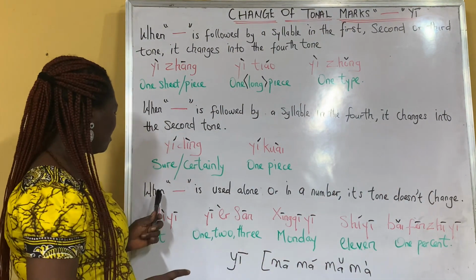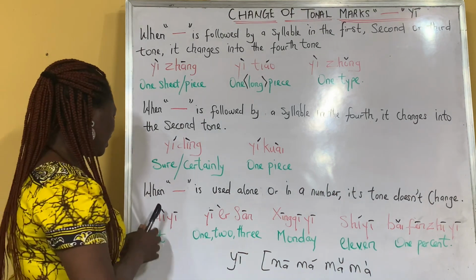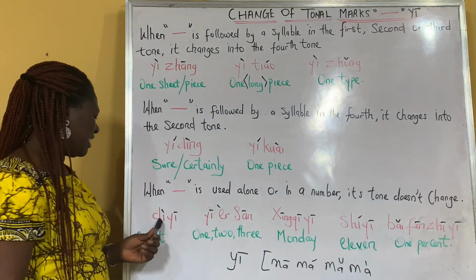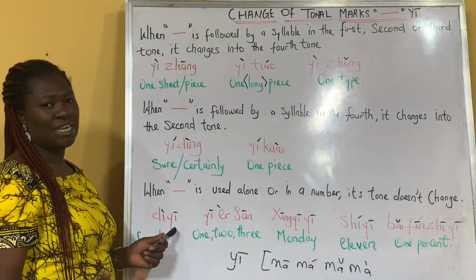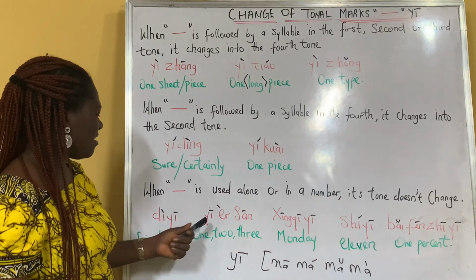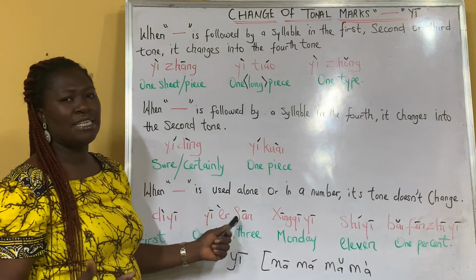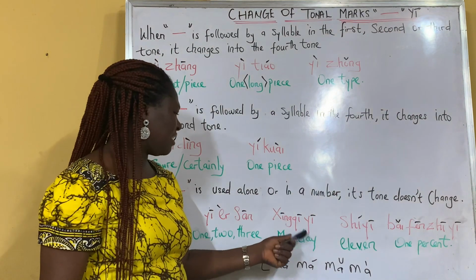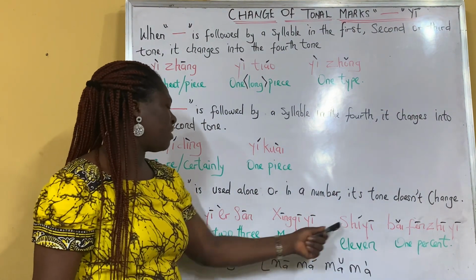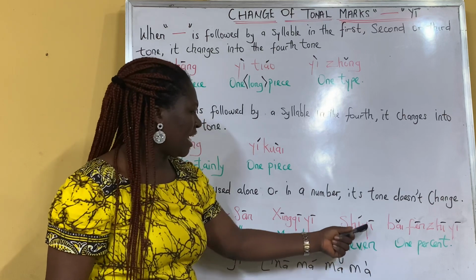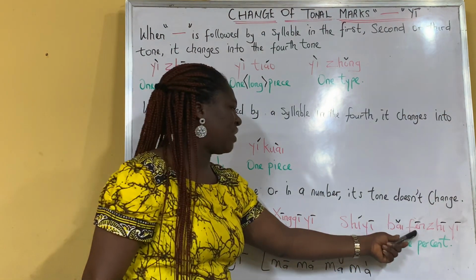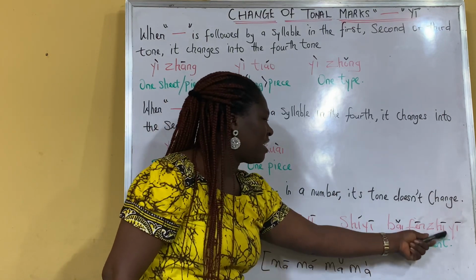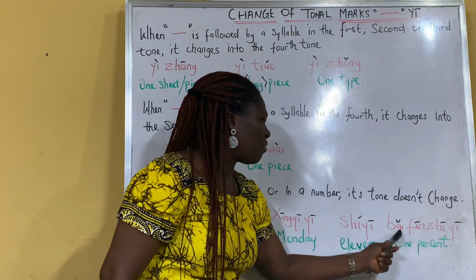It keeps its original tone when it is used alone or in a number. Examples: dì yī, just like first position. Then yī, èr, sān, which are numbers. Then xīngqīyī is Monday. Shí yī, which is a number, is eleven. And bǎifēnzhī yī is a percentage, 1%.